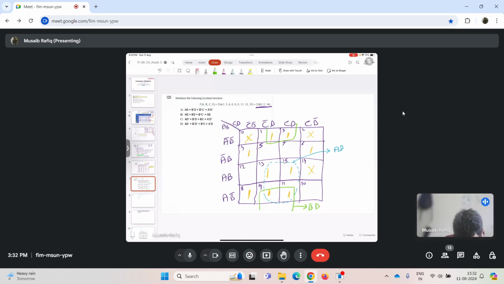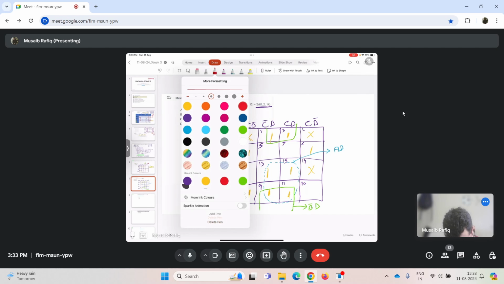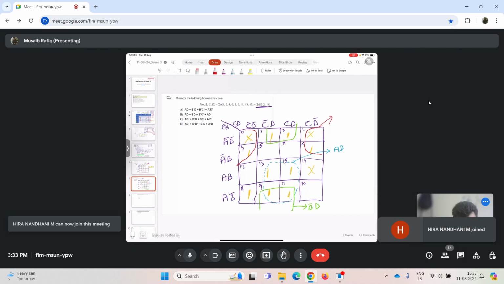Then I have another chord here. Let me just use some different color for that. I have another chord here that covers the minterm this and this, and the contribution from this is A bar is not changing, and D bar, A bar, D bar.